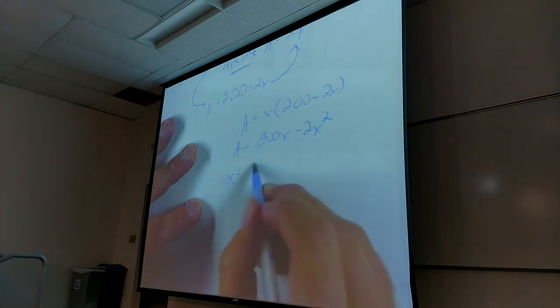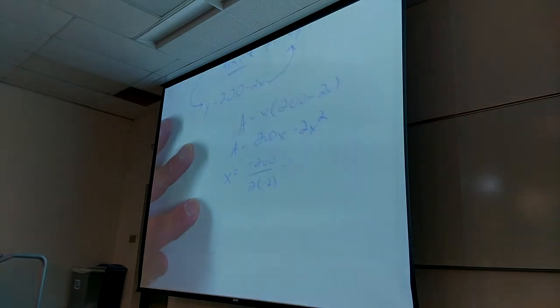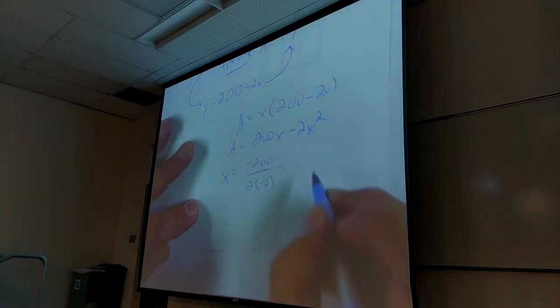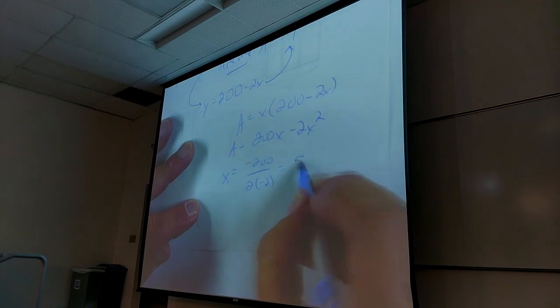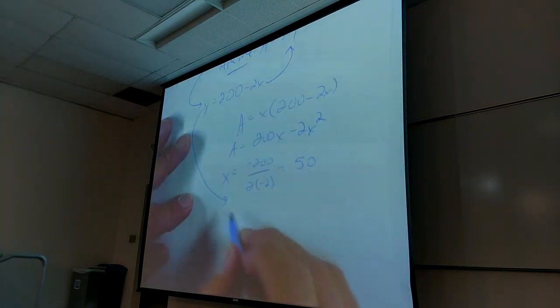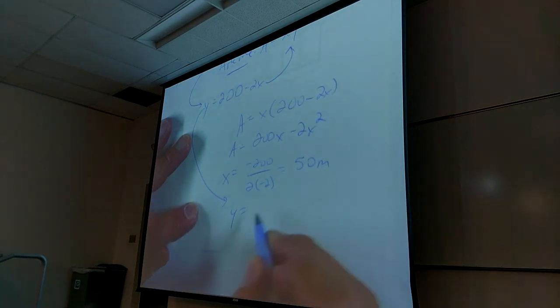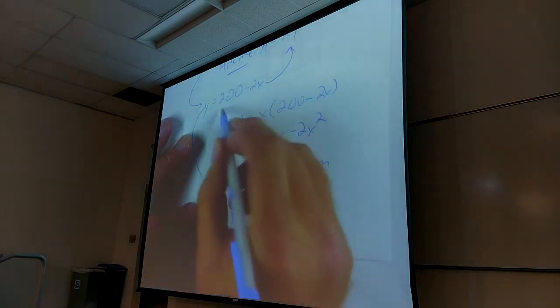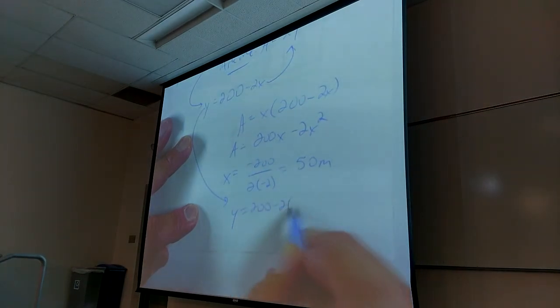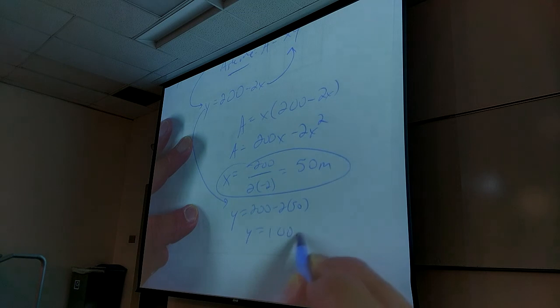So negative 200 over twice A goes in nice. So x is 50, therefore y, 50 what? Meters. Meters, there you go. Y will be 200 minus twice that, which is 100 meters.